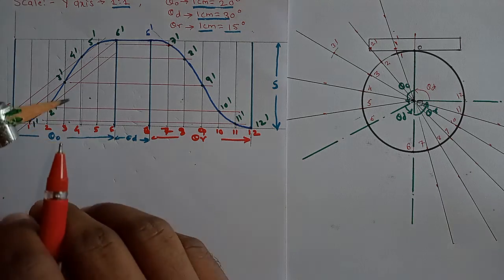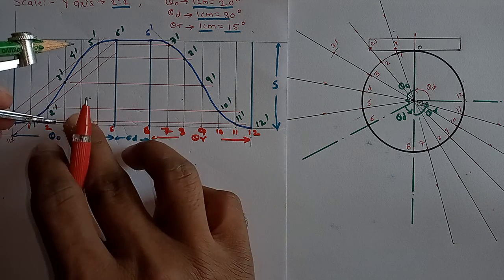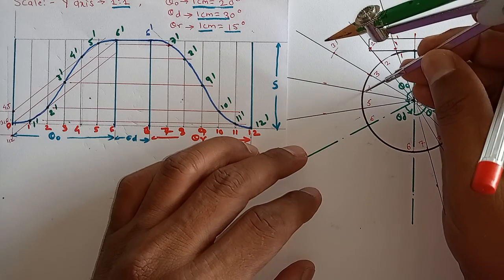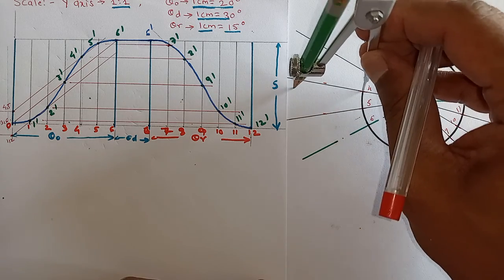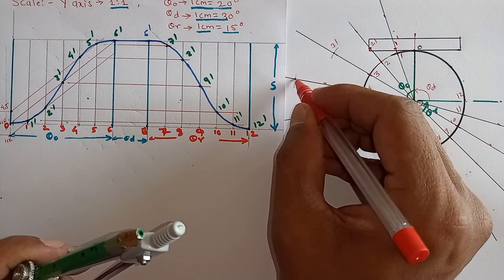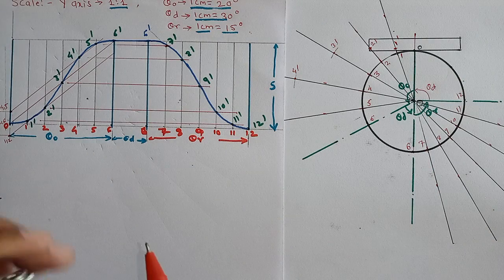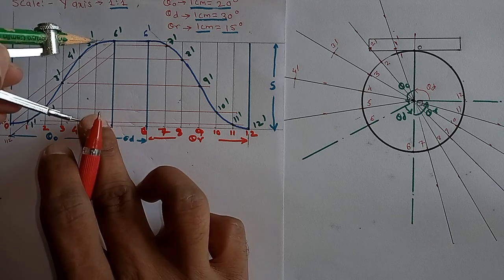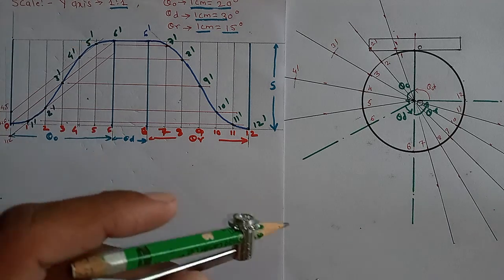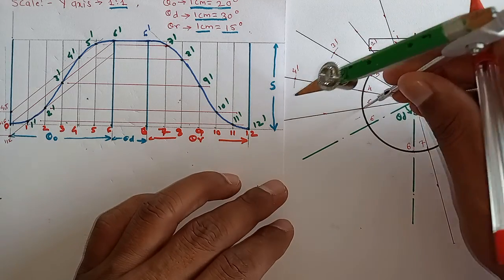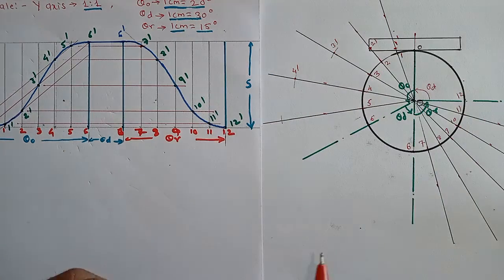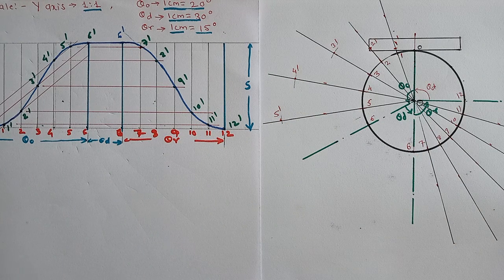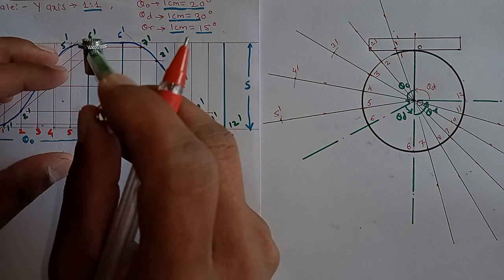At instance number 4 it is 4 to 4 dash. At instance number 5, 5 to 5 dash, and at instance number 6 it will be 50 millimeters.